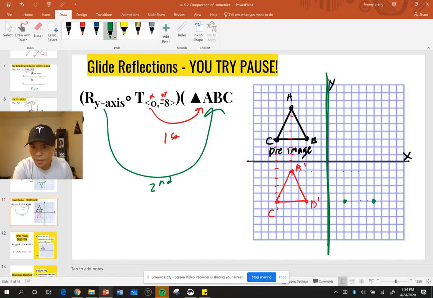Man, this is what happens when I go too fast. Okay, so 3, and then there. All right, so that is my A double prime, B double prime, and C double prime. Cool. And again, I just took that image, moved it down, and that's where we ended up, okay?